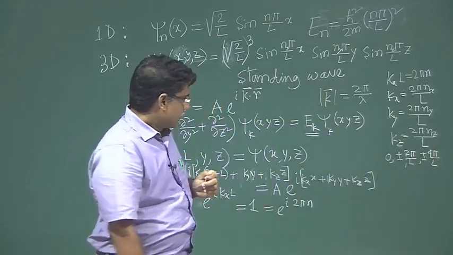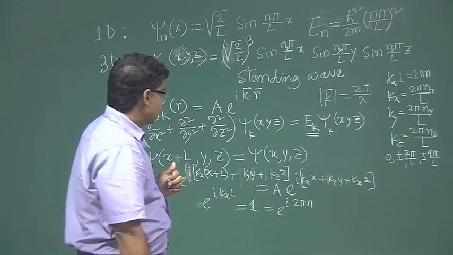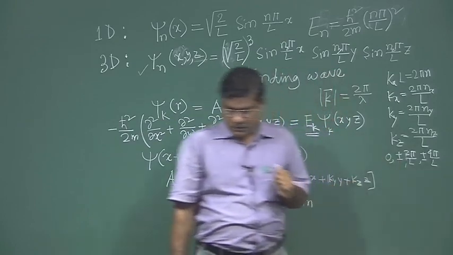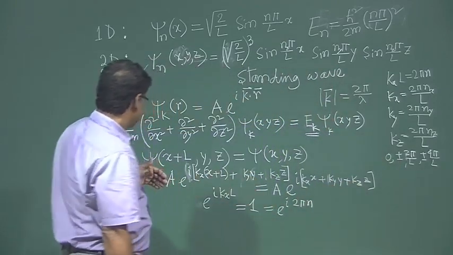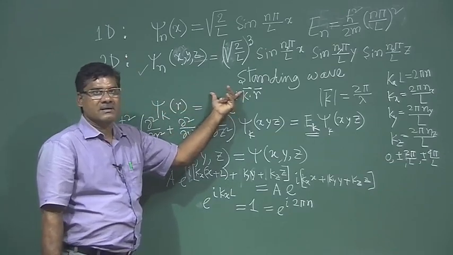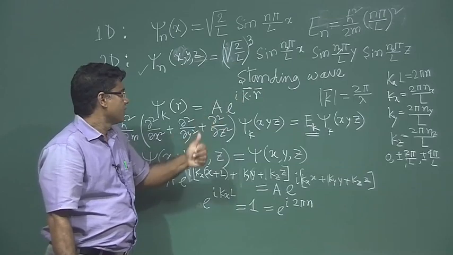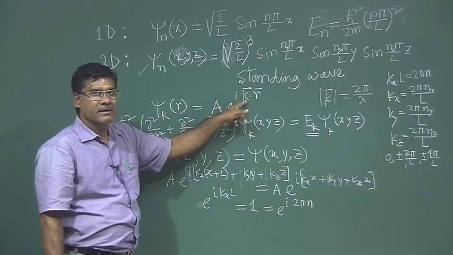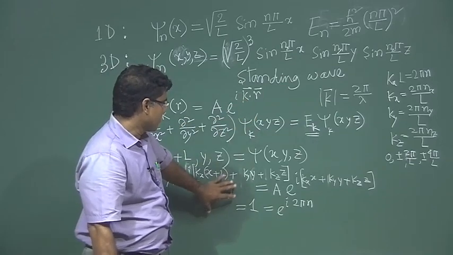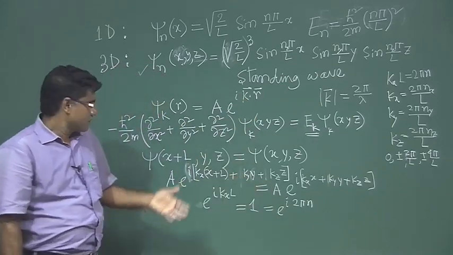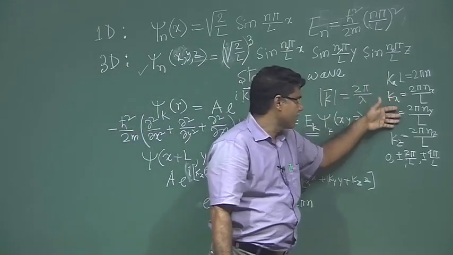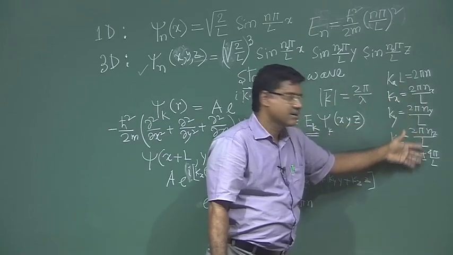Okay. So, this is the wave function, just an arbitrary wave function we have considered. So, now what about k? Here you have k_x, k_y, k_z. So, from the periodicity condition, we could find that the values of k_x, k_y, k_z will be like this. Okay.